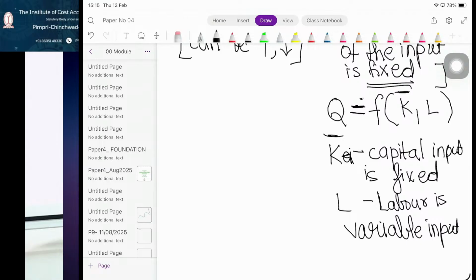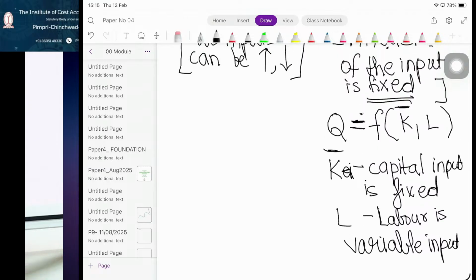Have you got this? How to distinguish the short run and the long run production function. In the long run, if I'm simply writing f of K, L with no horizontal line above them, that means both can vary.